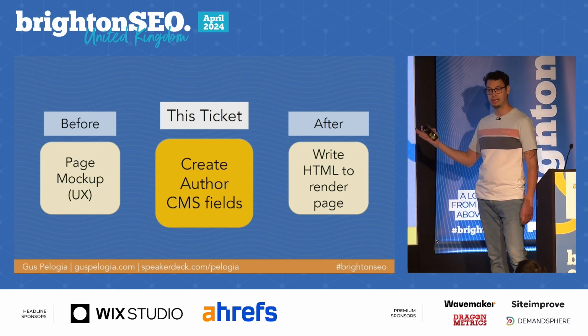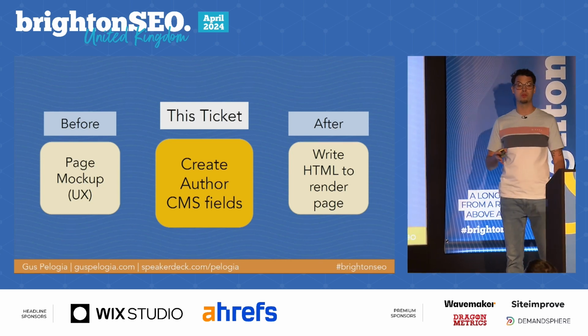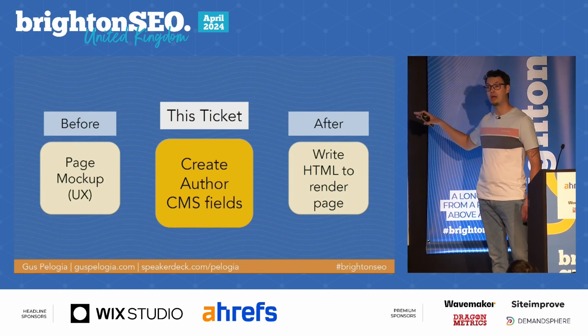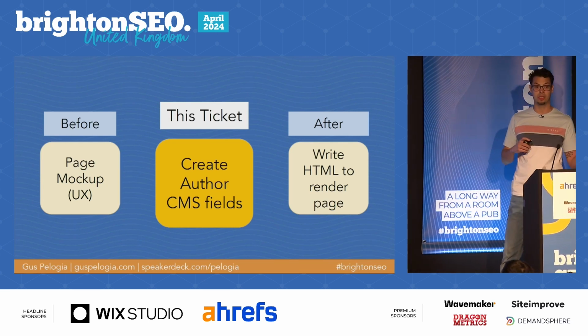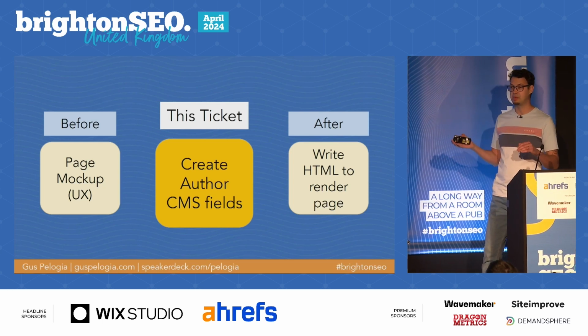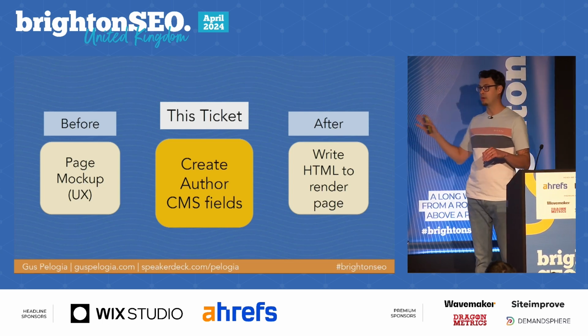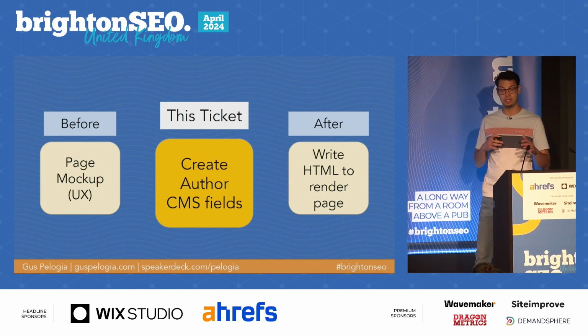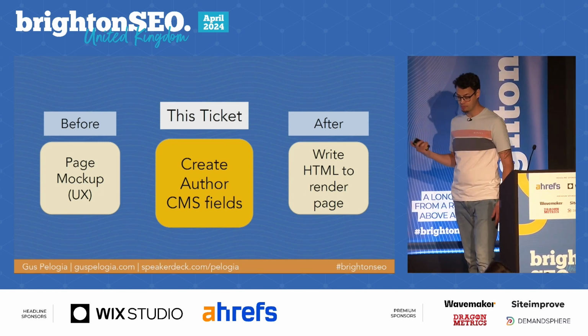Then this ticket is only about creating the fields on the CMS. And there will be a separate ticket to actually write the HTML code for this page to render. So just here, for something that looked very straightforward, we already have 3 tickets. And there are actually plenty more once you get into the detail, but we're going to get to it.